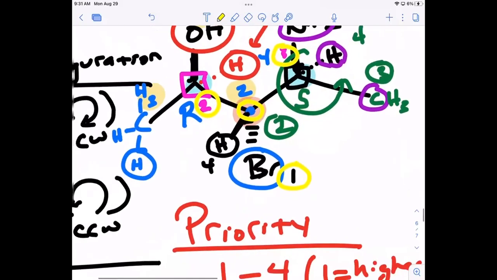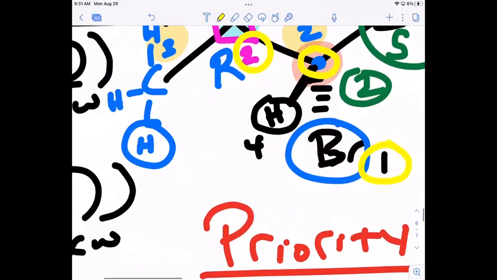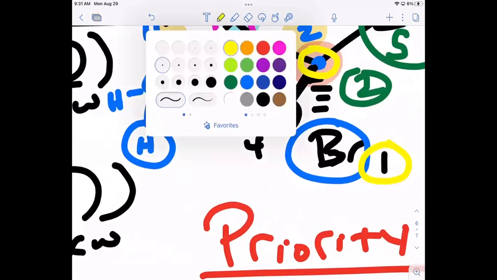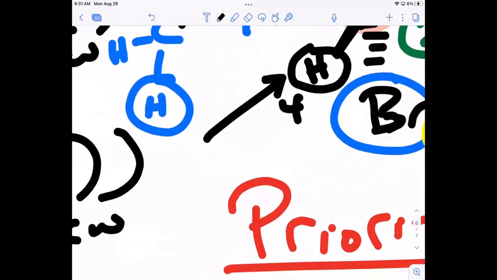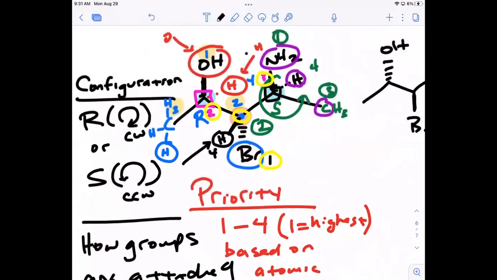But we have a caveat here. Normally when you're assigning configuration, once you assign priority, you want to rotate the molecule so that group 4 is away from you. I know you saw that in one of those videos. But in this case, since the fourth group is coming out at us, we're going to reverse what we see. I'm going to write that in here. Let me write it on this side. This is getting really cluttered.